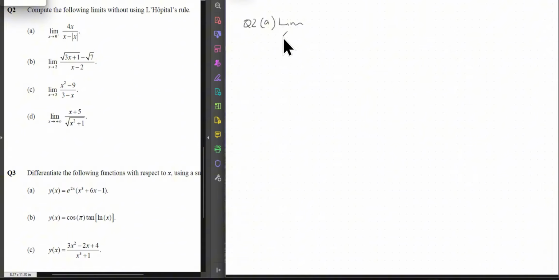what is the limit as x approaches 0 from the left for x over x minus absolute value of x? So to answer this, we need to evaluate the absolute value of x. What does it mean?